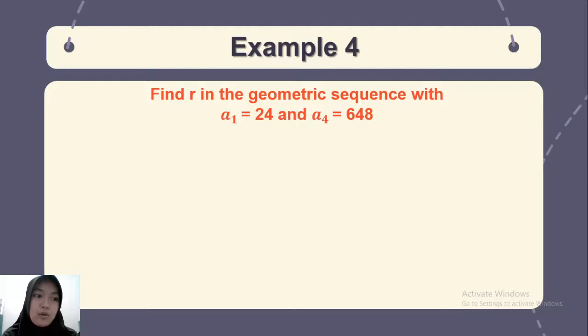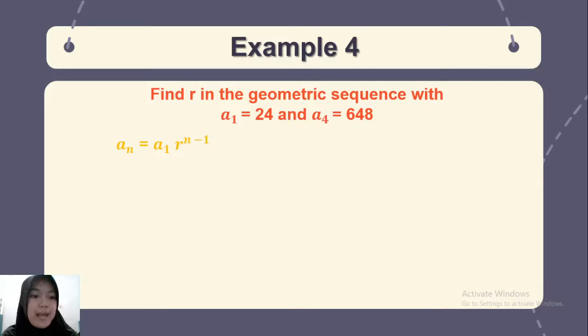As I said, we can get the common ratio using the formula. To find the common ratio using the formula a sub n is equal to a sub 1 times r to the power of n minus 1, we substitute the given values.